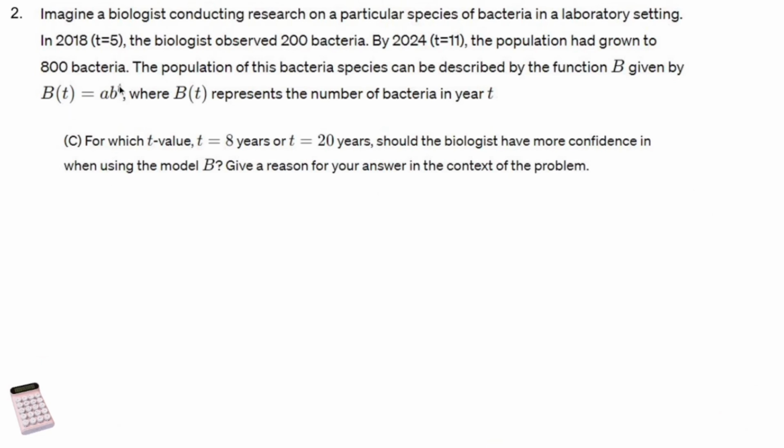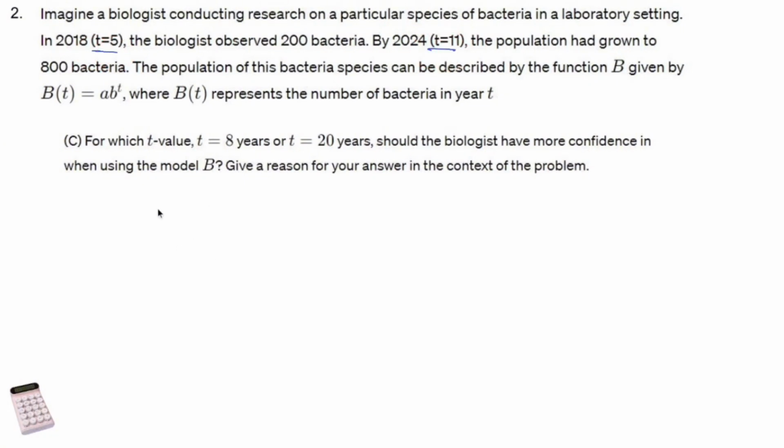Imagine, same problem. For which t value, t equals 8 or t equals 20, should the biologist have more confidence when using the model of B? Give a reason. All right, well, the model that we have is based off of numbers between 5 and 11.